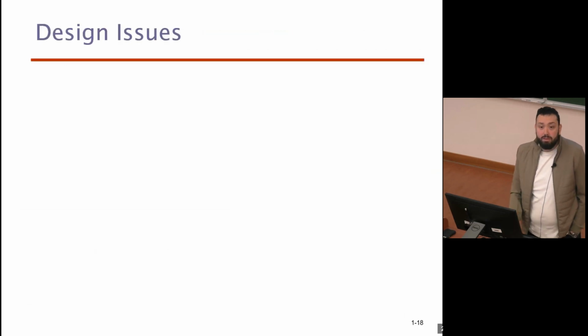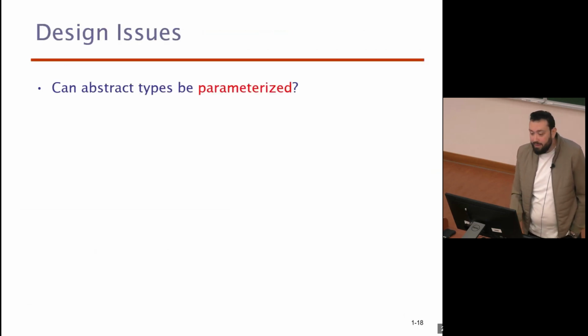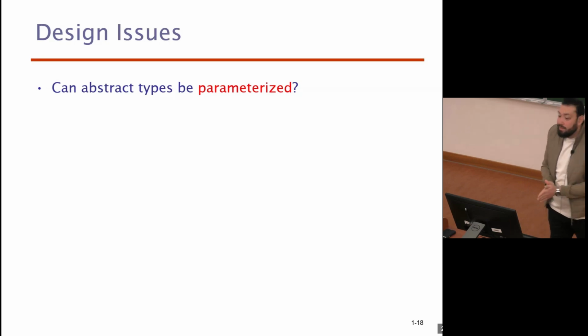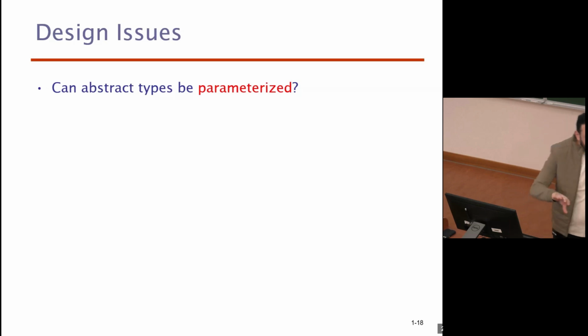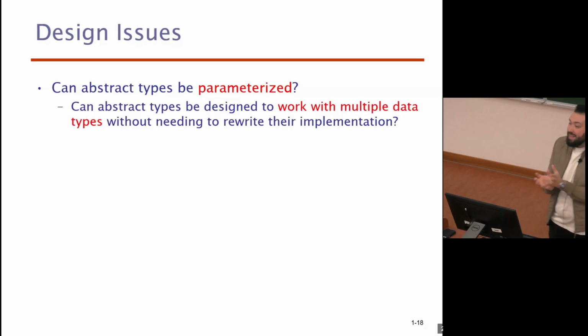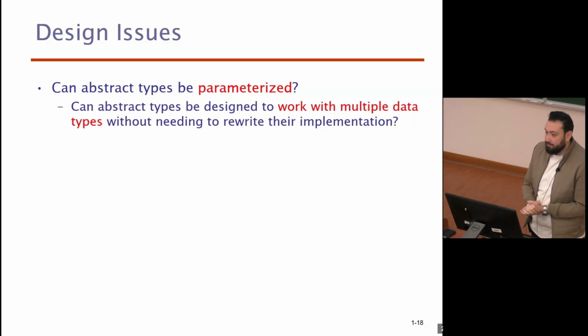Now, if we want to talk a bit about the design issues, what can we have? There are three main design issues that they have to decide on when they want to design the abstract data type for programming languages. The first one is, can abstract types be parameterized? So what do we mean by this? We're going to have separate slides for this, but it actually means whether they can have multiple data types.